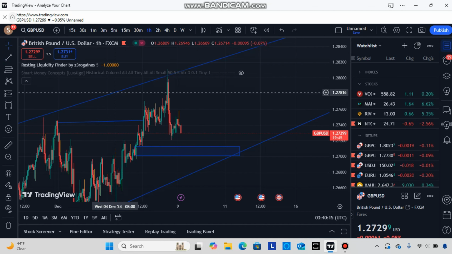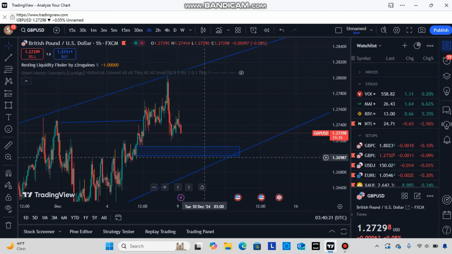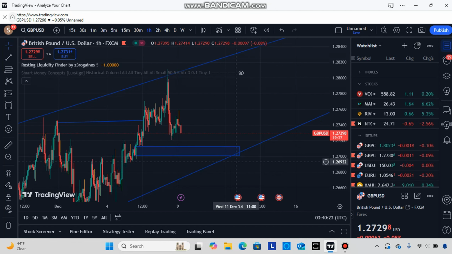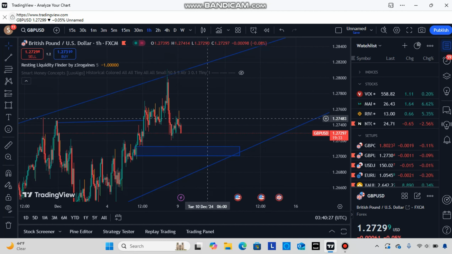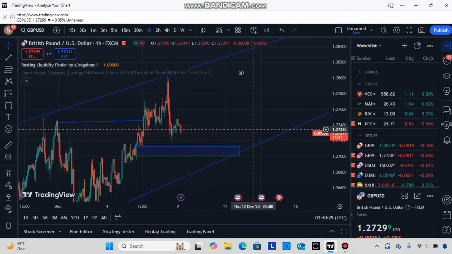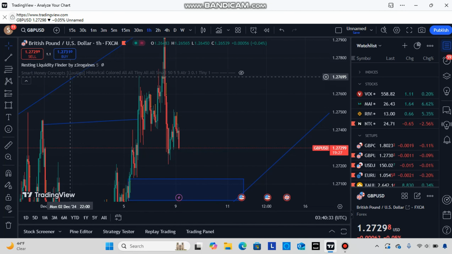So it broke the highs, it came back down. Came back down. Yeah, I would want to see how it reacts to this zone, or it might not even touch it. Let me look at this big candle, because it got liquidity.